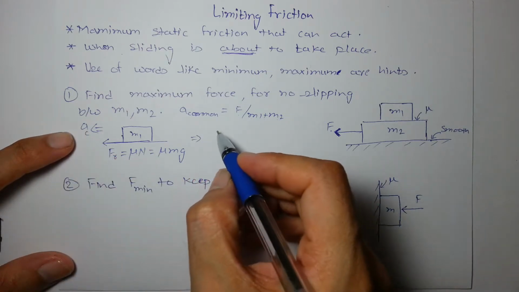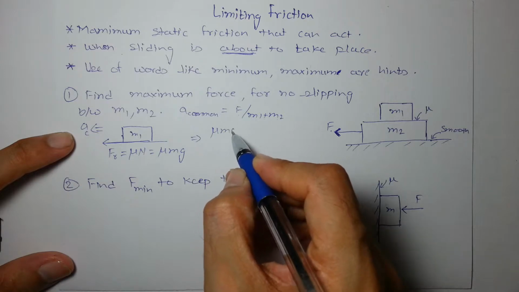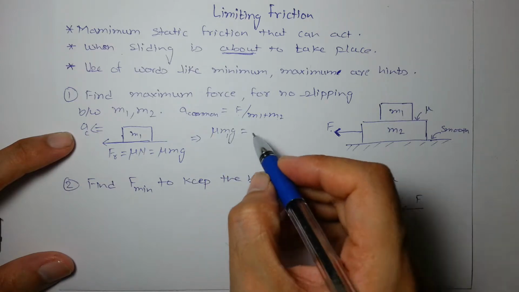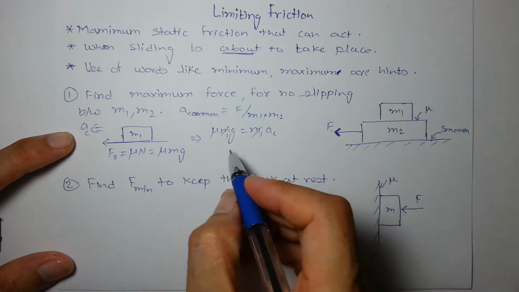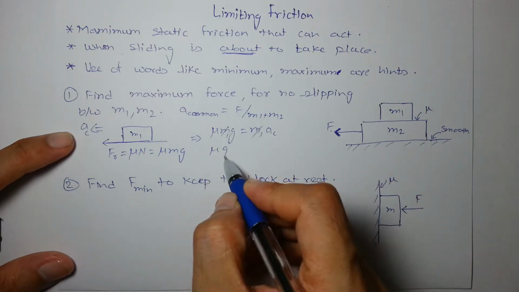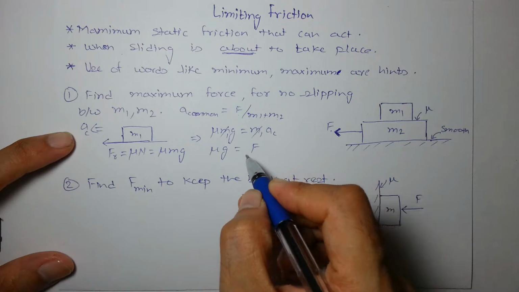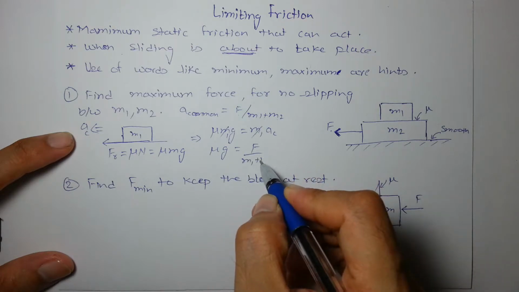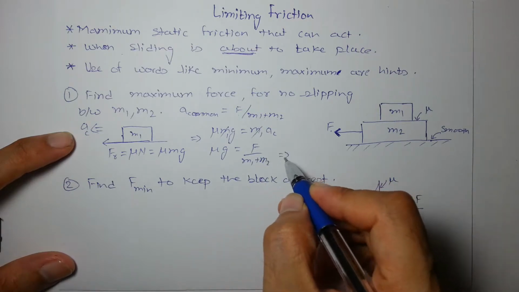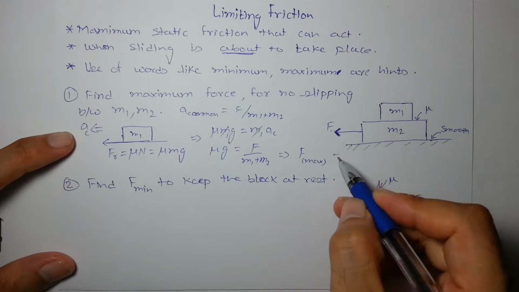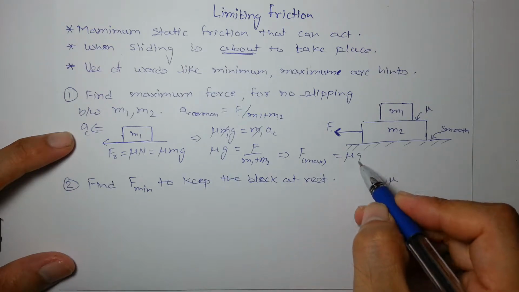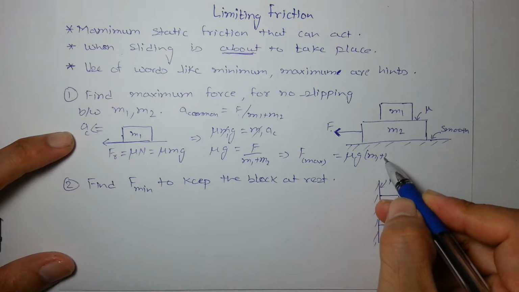So mu m1 g is m1 A common. m1 m1 cancel, we get mu g as F by m1 plus m2. So F max is nothing but mu times g times m1 plus m2.